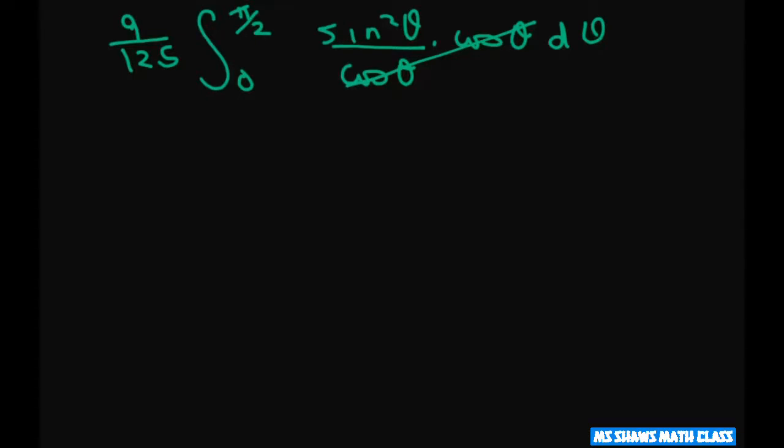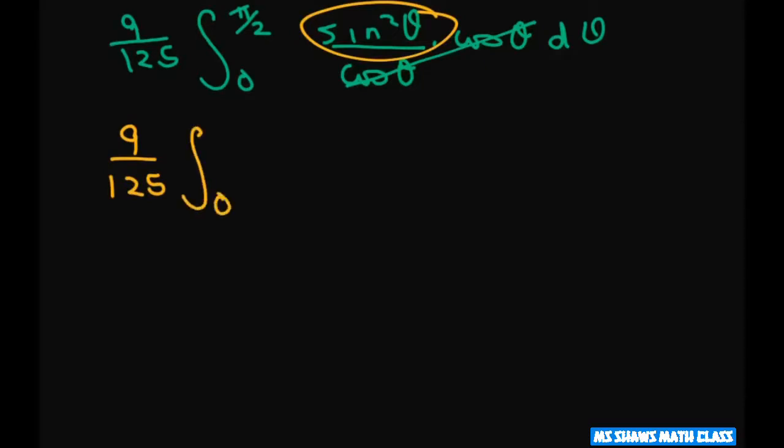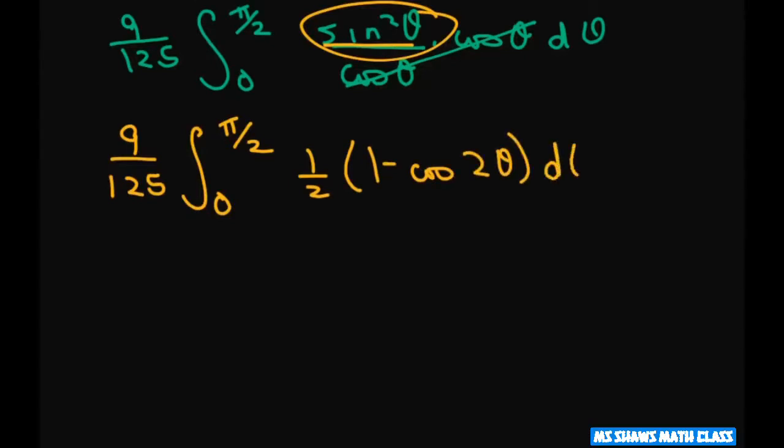All right, so now, since I have this, I want to use my half angle formula. So I have 9 divided by 125 from 0 to pi over 2, and I'm going to use my half angle formula, which is 1/2 times 1 minus cosine 2 theta d theta.